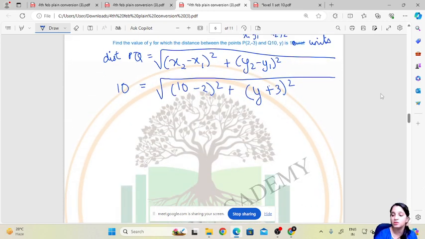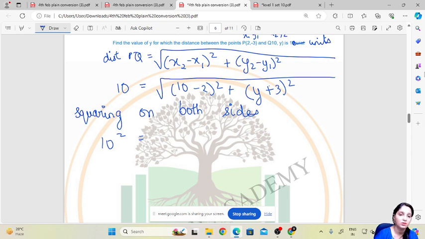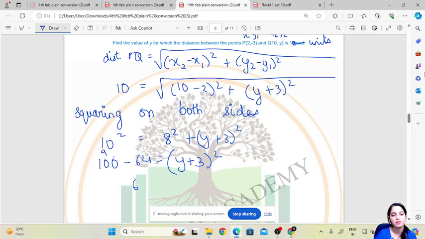Now I just want to remove this root sign, so what I'll have to do is square both sides. Squaring on both sides, we get 10 square equal to 10 minus 2, 8 square, plus y plus 3 the whole square. Now I'll bring this 8 square over here. This will be 100 minus 64 equal to y plus 3 the whole square. This will be 36 equal to y plus 3 the whole square.